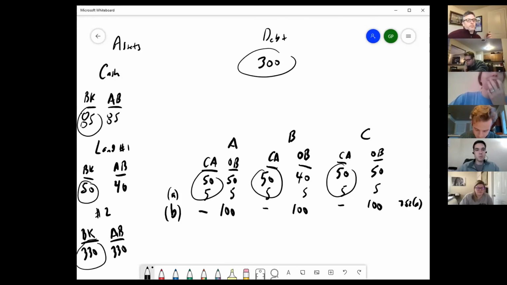If we put the debt in the capital accounts as well, we'd have 765, because we would have double counted the debt on the right side. It would be both in the debt and in the capital accounts. And so we know that that's not right to put the debt also in the capital accounts, but it does increase the outside basis. And we'll talk more about why that is later on. We'll spend more time on 752.